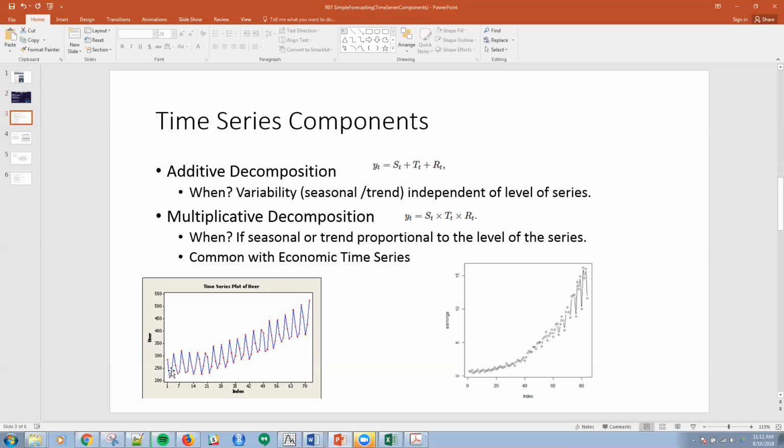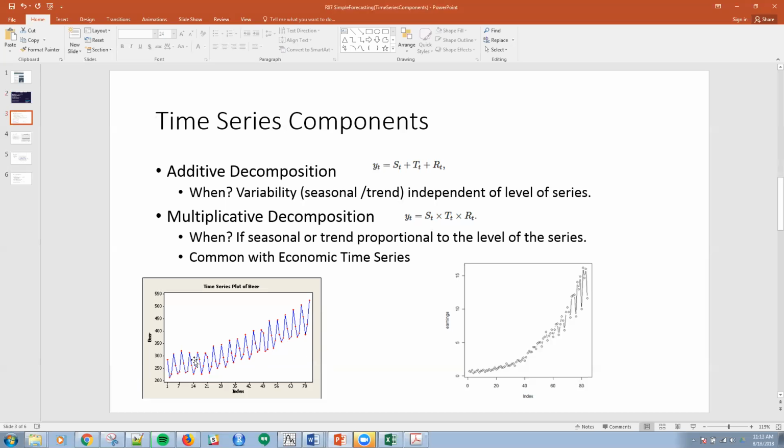So for the seasonal component, we're not getting wider and wider as we go up. The variability is the same there. And then also it is a linear trend, so it's additive in nature. I could put a line through there.